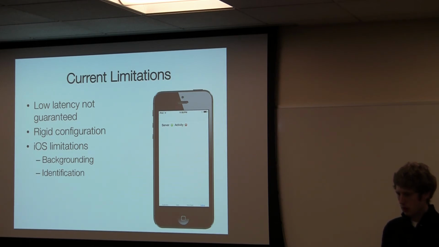Since you have to build up an HTTP connection each time, that can add some latency. When things go well, it's under a second, maybe 500 milliseconds or so. This could be improved by creating a socket connection between the two, and then it would be a good bit faster. So that's kind of the latency picture.